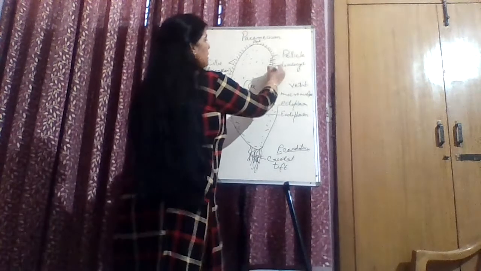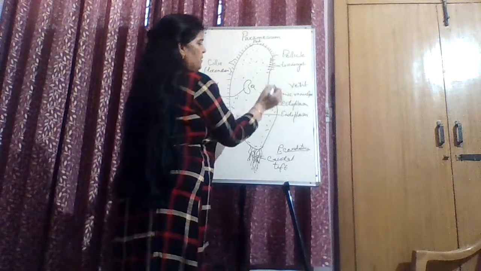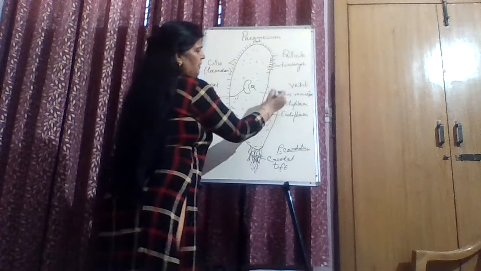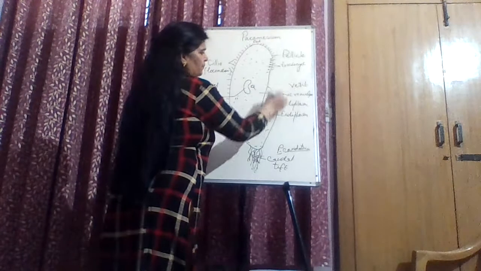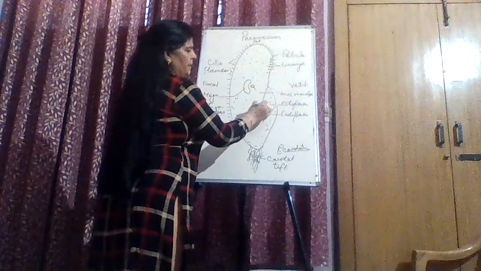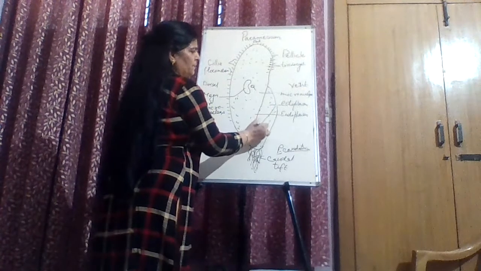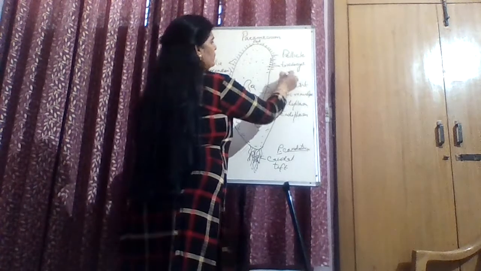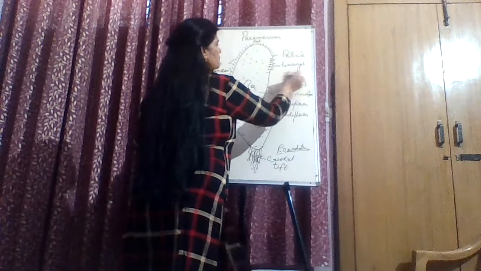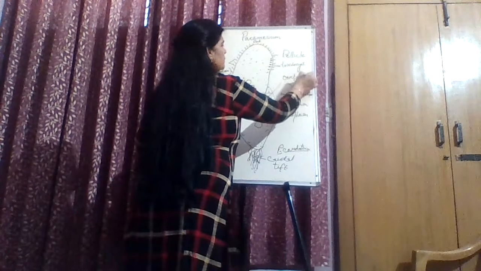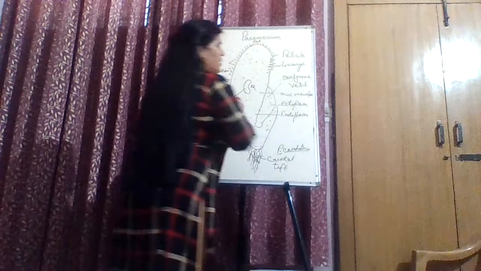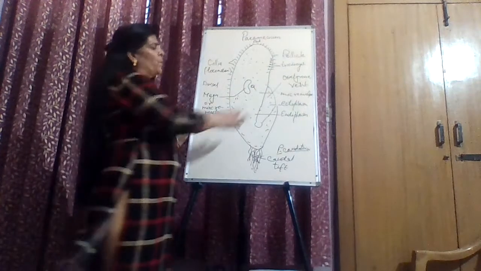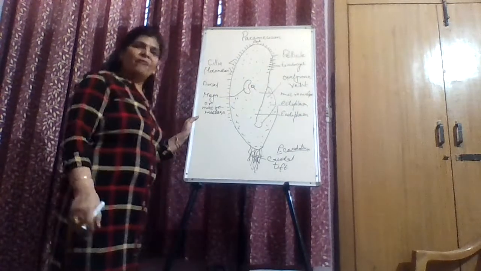On the ventral side, the oral groove is present, and this oral groove is slightly towards the posterior side. This is the oral groove. This oral groove opens into the cytopharynx.